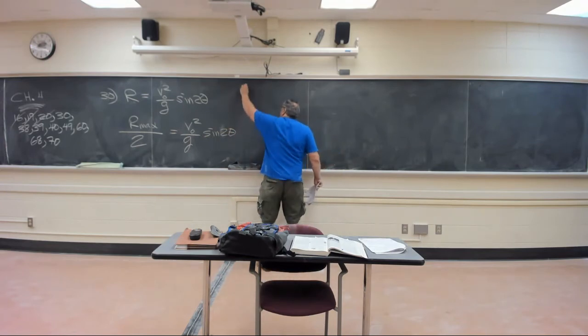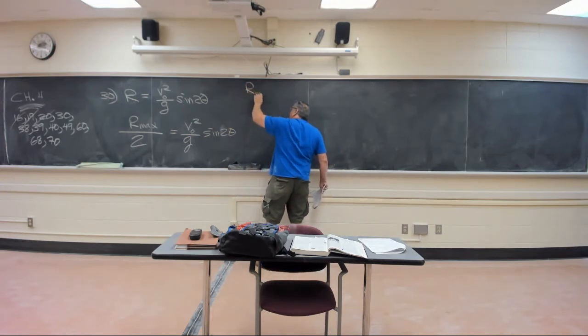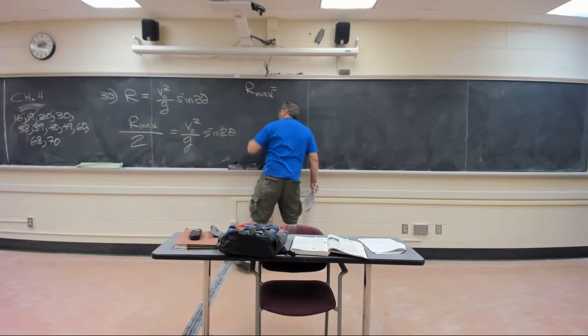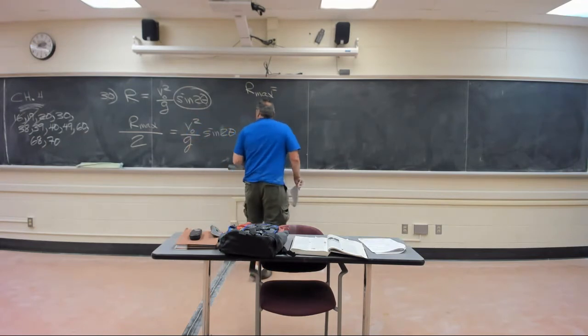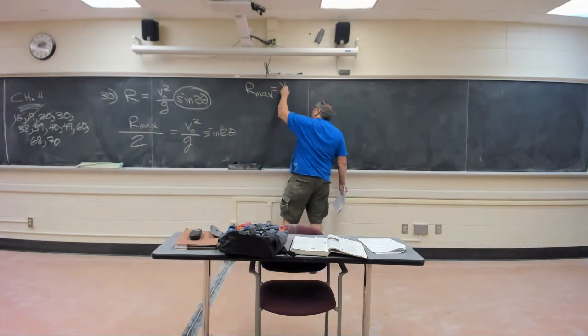We know that R max occurs when the sine function is equal to 1. That happens at a 45-degree angle. 2 times 45 is 90. The sine of 90 degrees is 1. So R max is going to occur right here.